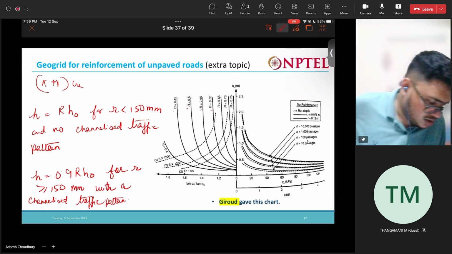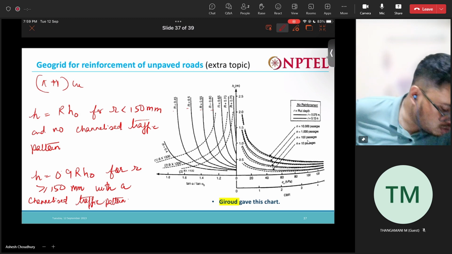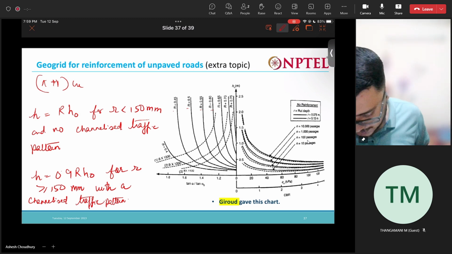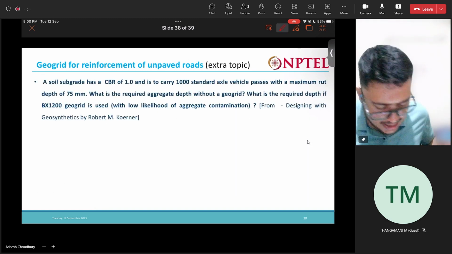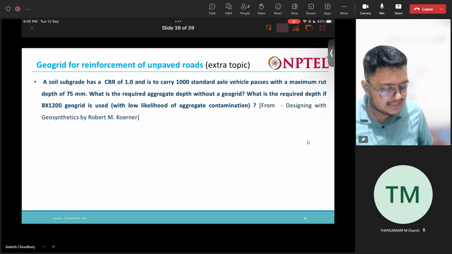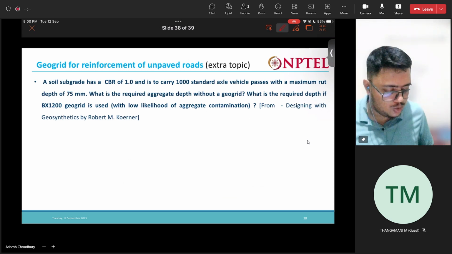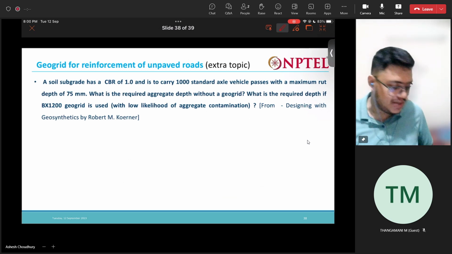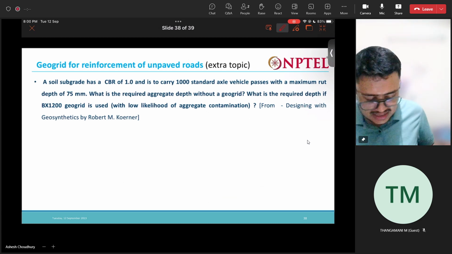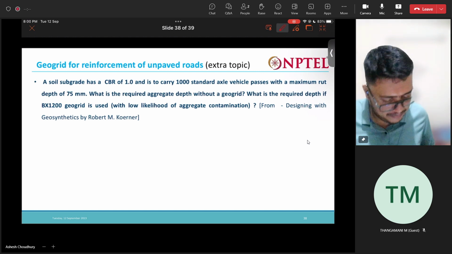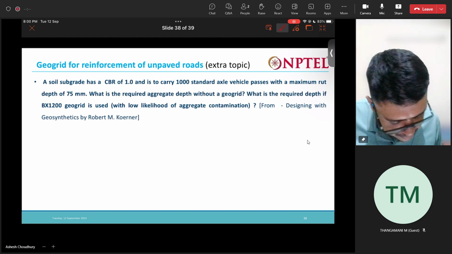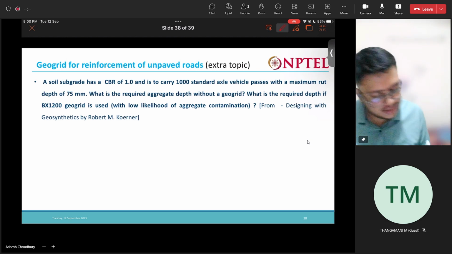So from this graph, we can easily determine this directly. Let us see this. The soil subgrade has a CBR of 1 and is to carry 1000 standard axle vehicle passes with a maximum rut depth of 75 mm. What is the required aggregate depth without a geogrid, and what is the required depth if BX 1200 geogrid is used? Okay, fine. So let us see the chart now: 1000 axle passes, 75 mm rut depth.